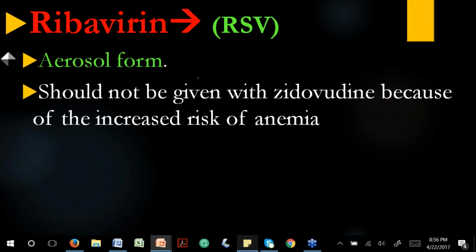So now, talking about ribavirin, it is going to be used for RSV, and we have the aerosol form.